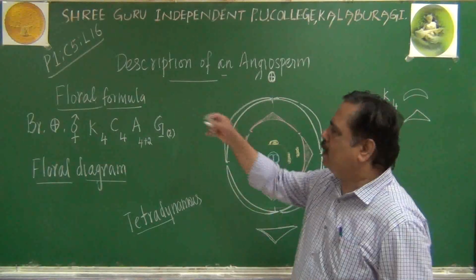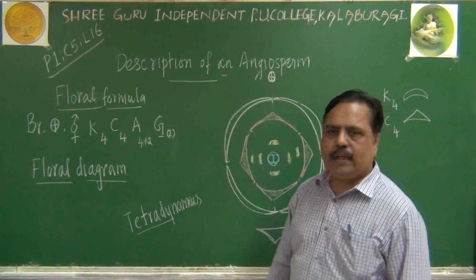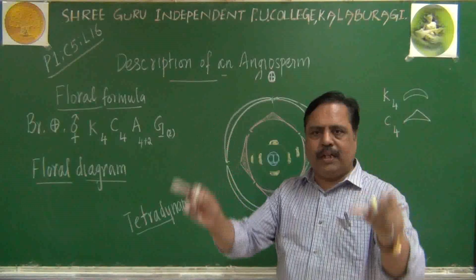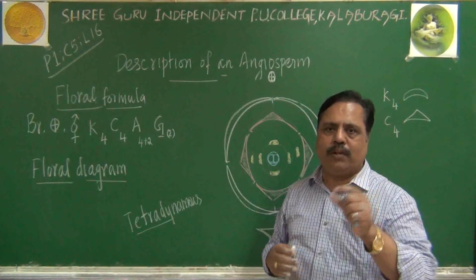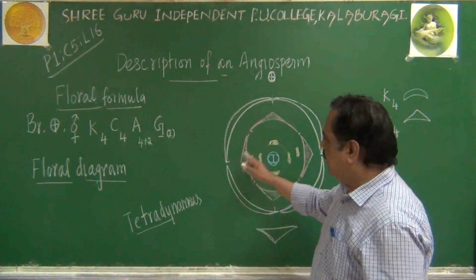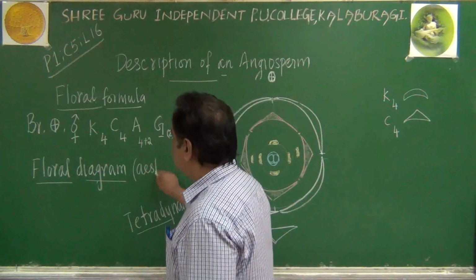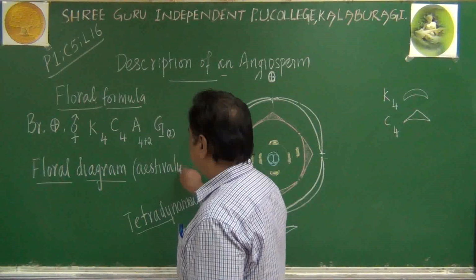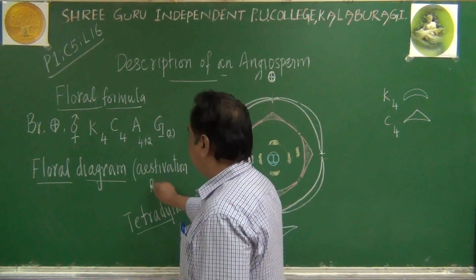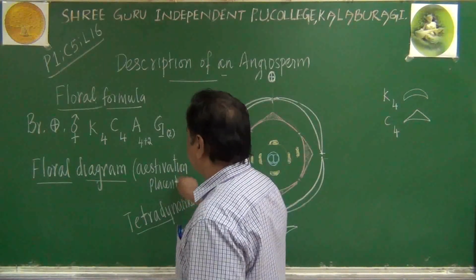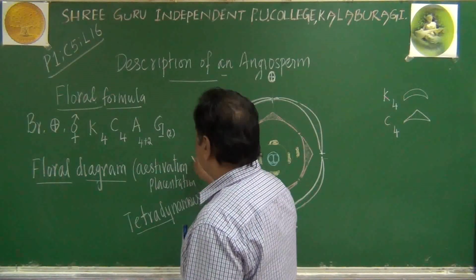So, by reading both formula and diagram, we can scientifically understand any flower. Diagram will tell you about aestivation and placentation also, to some extent, marginal, axillary, everything.